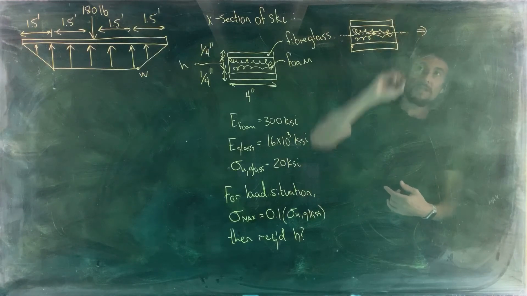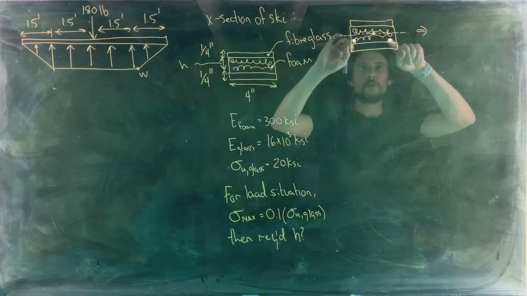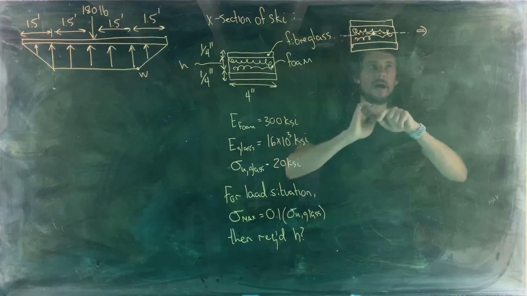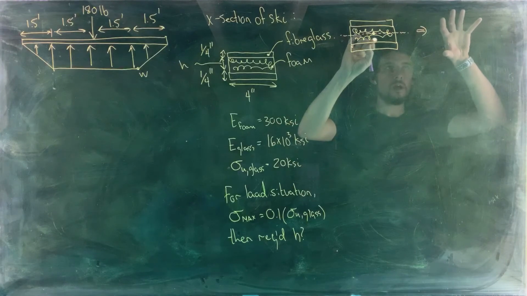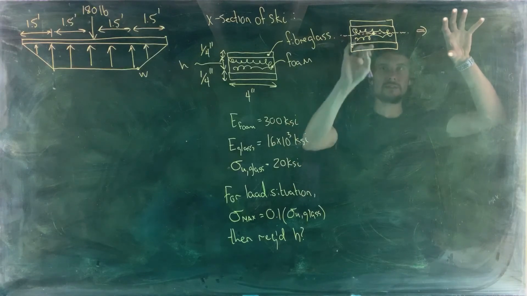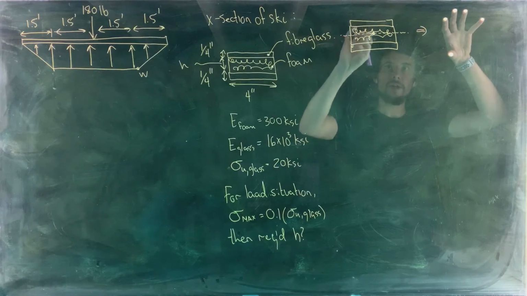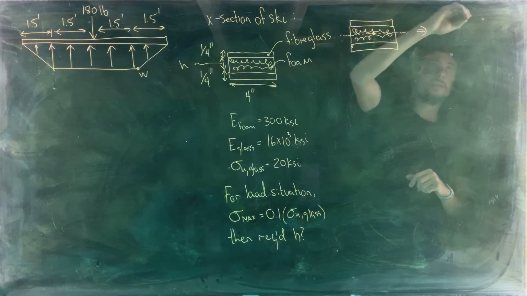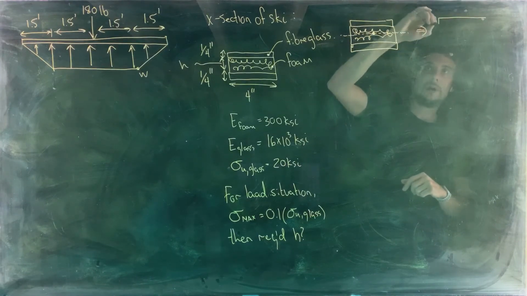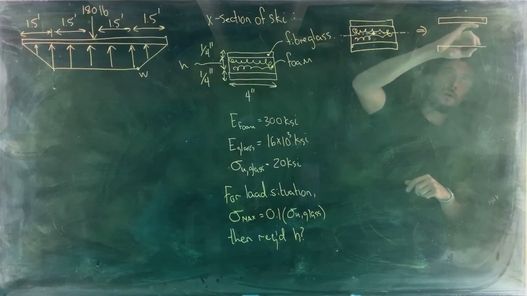So we're going to do a material transformation, and we're going to transform the foam into fiberglass in a way so that the whole fiberglass ski would deform the same way as this fiberglass foam composite. We're not going to do anything to the fiberglass on the top and the bottom, so those stay exactly the same.